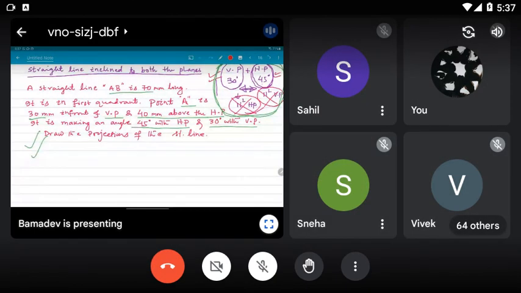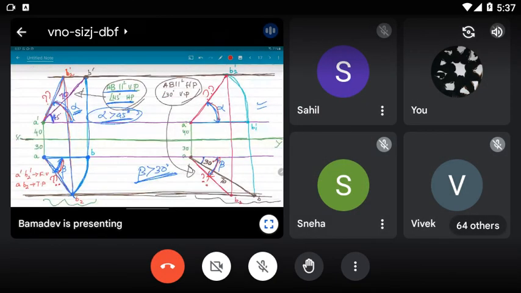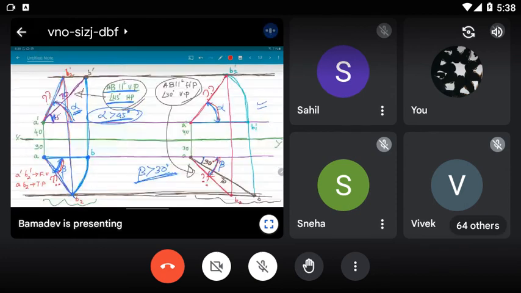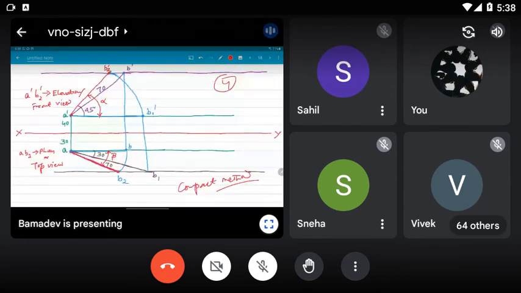Also you repeat the same problem number 4. You do in this method and also in this method, and here also how much alpha you are getting, beta you are getting, what is this length, everything you measure.